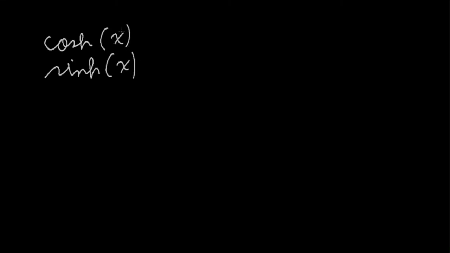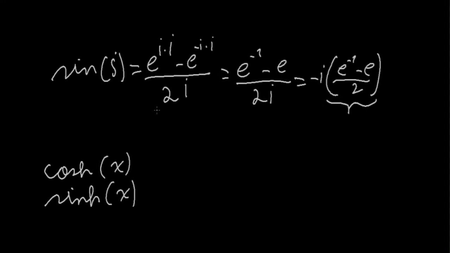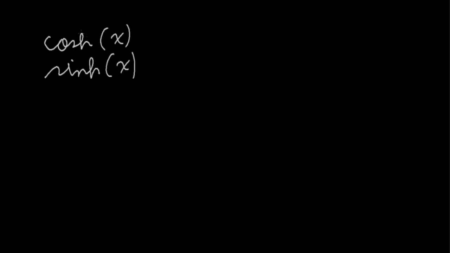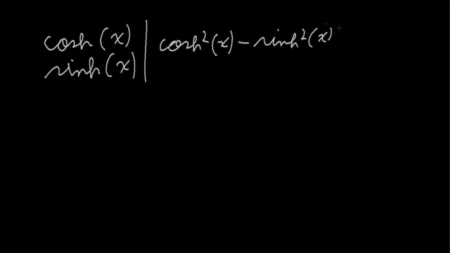So these formulas actually connect cosine and sine to the hyperbolic versions, because the defining trait of hyperbolic functions, right, is that if you have the hyperbolic cosine squared and you subtract the hyperbolic sine squared, you get 1.